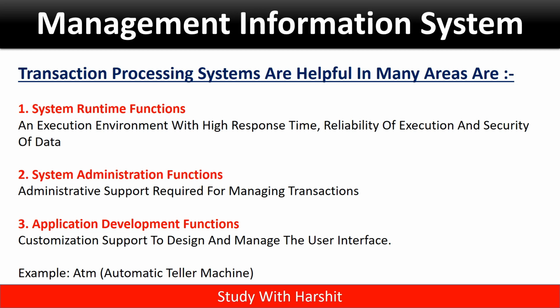Second, system administration functions: administrative support required for managing transactions. Third, application development functions: customization support to design and manage the user interface. An ATM is an example of a TPS.